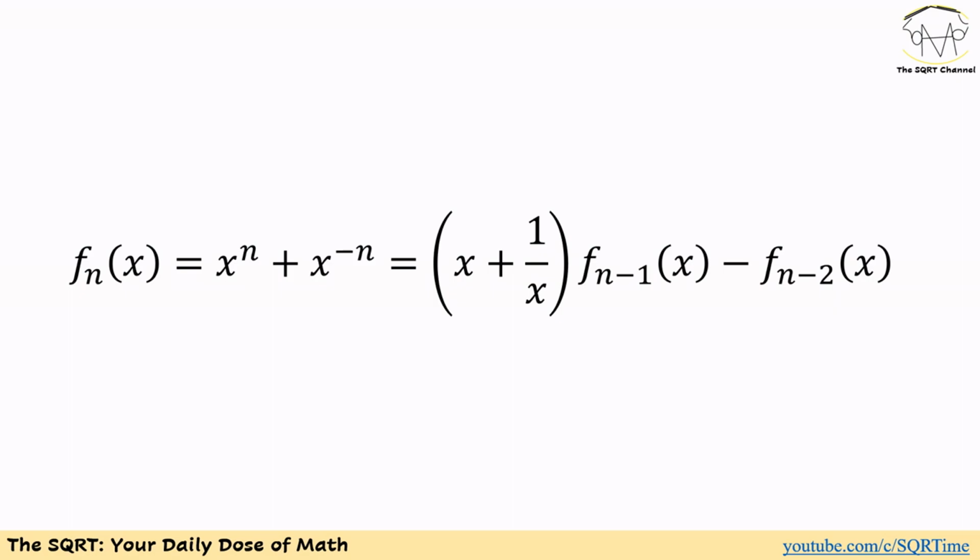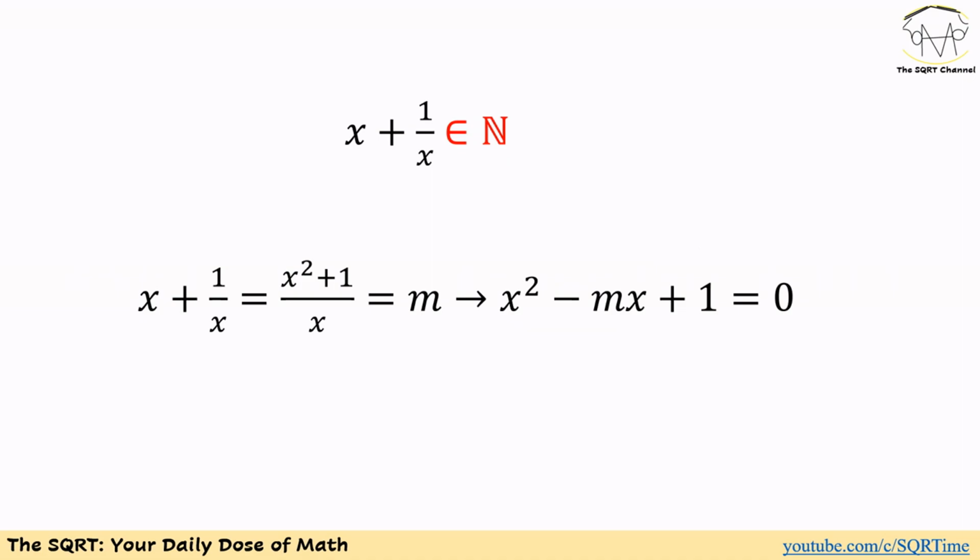Now, since the function should be an integer for any value of n, then f of x for n minus 2, f of x for n minus 1, and also f of x for n, they all should be integers. So what we need is for x plus 1 over x to also be an integer.